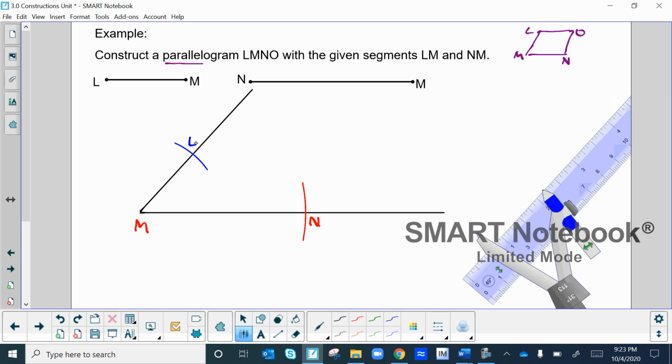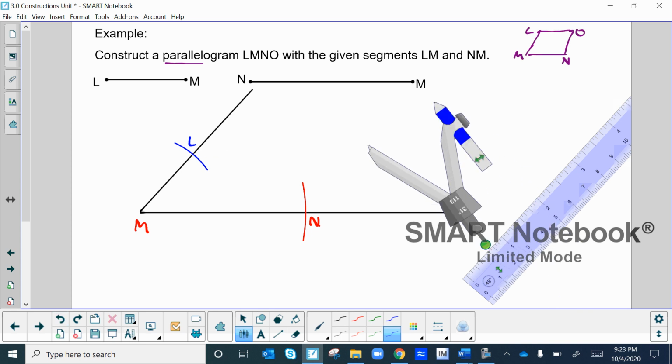Let me sketch it for now. I can make a parallel line going this way, and then I can kind of just go from there. Or I can make a parallel line going this way, and then I can copy and go from there. So there's two different things that you can do, but you do need to make a set of parallel lines either way. So this is one way to do that.